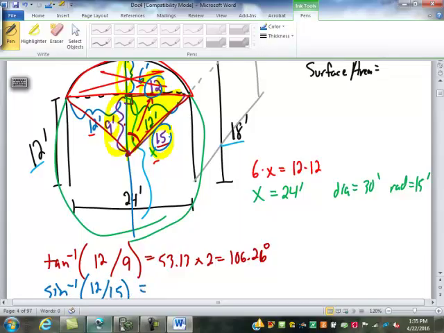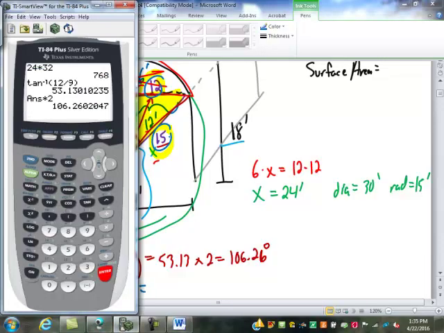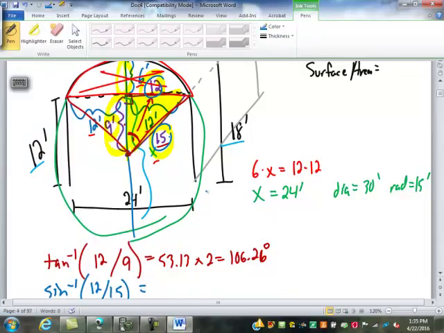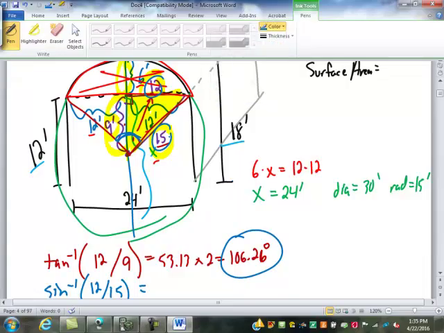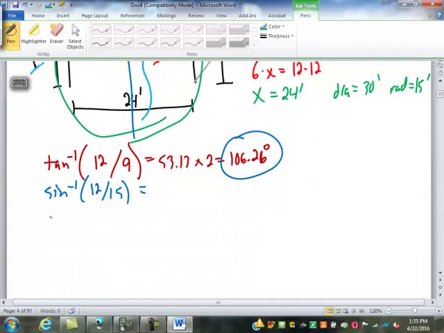Would that give us the same thing? It better. And it does. So we know our central angle here is 106.26 degrees, which allows us to find the area of the sector.